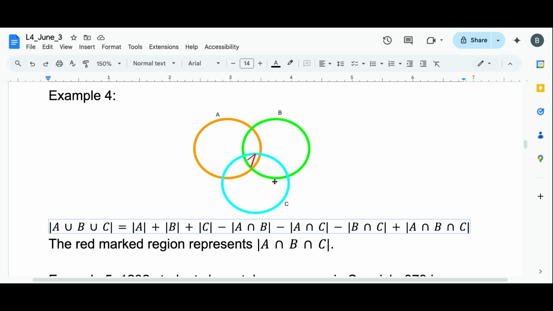So what's happening here is that when you add up A, B, and C, you've included this triple intersection 3 times. When you subtract off the 3 overlaps, you've removed it 3 times. So it's no longer included in the count. So that's why we have to add it back in.